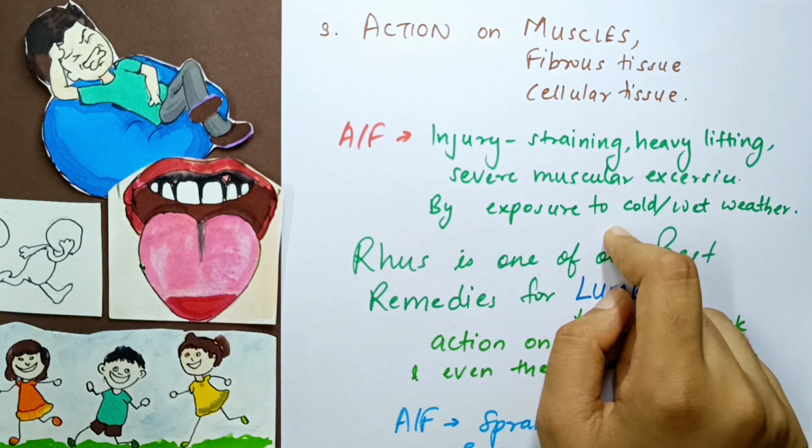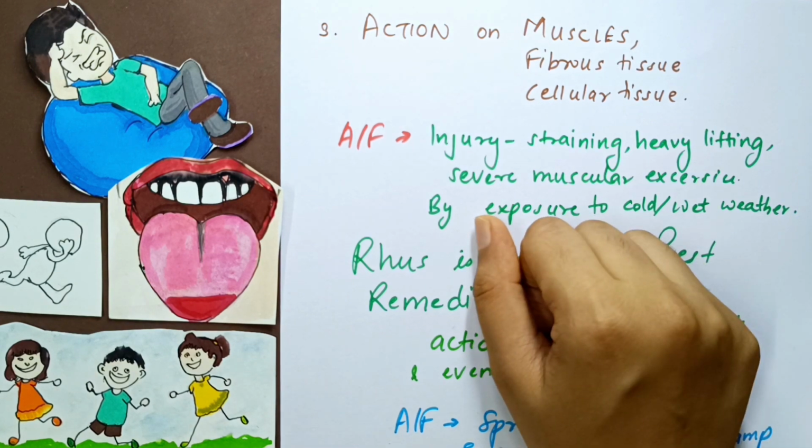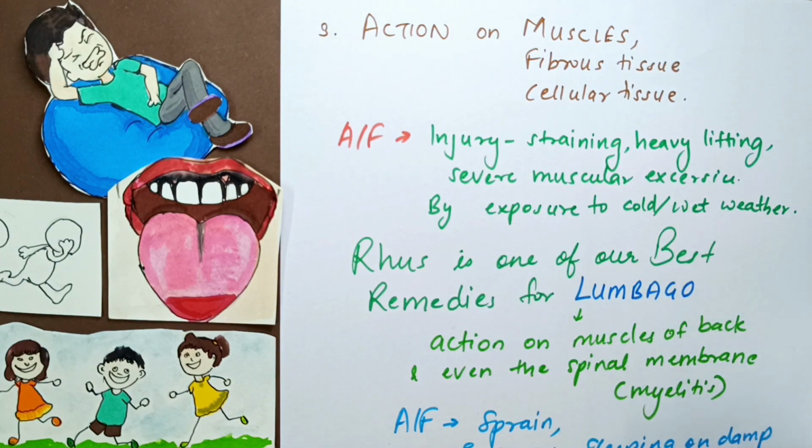So if someday, because of this cold, wet kind of atmosphere, you sleep on damp ground, for example, or you sleep on a bed sheet which is not yet completely dried, still damp, then also you'll have issues.